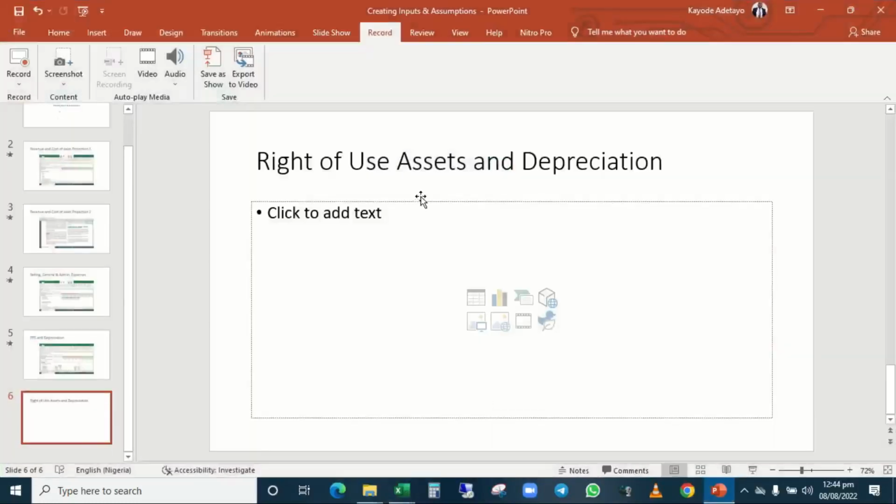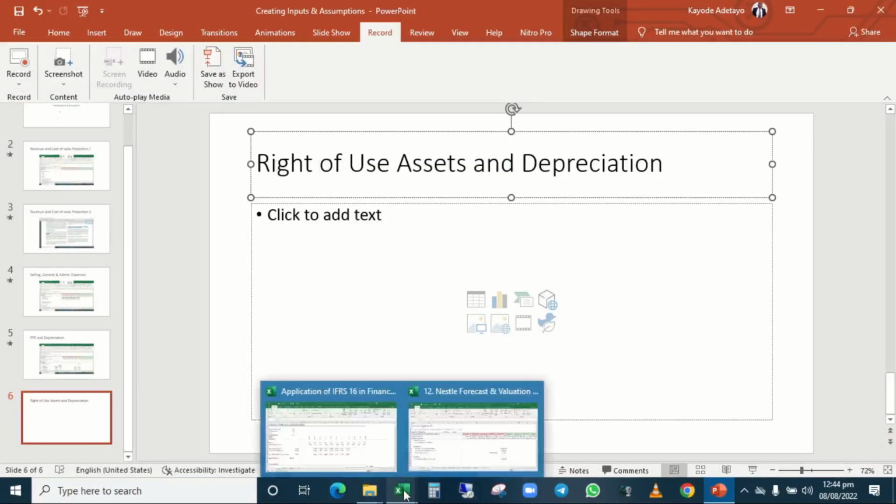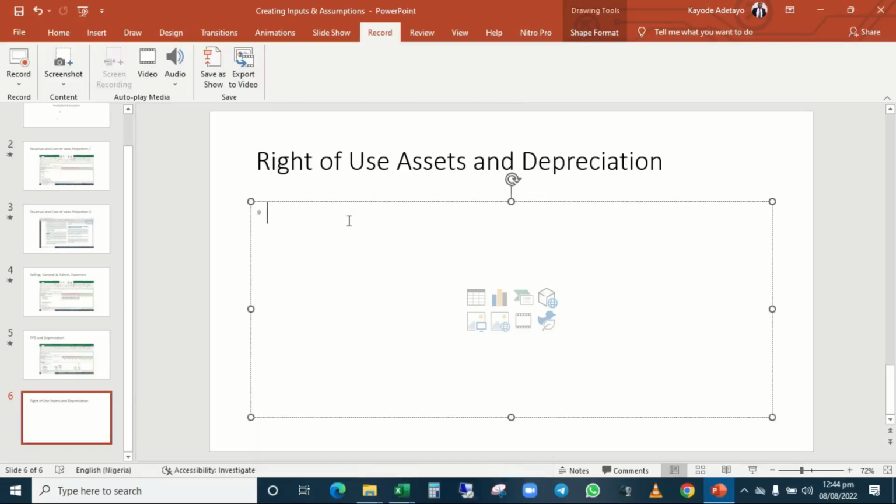Okay, so today we'll look at how to establish the assumption for a right of use asset. In order to understand the basis behind the right of use asset and its attendant depreciation, it is important for you to understand how the right of use asset emanates.